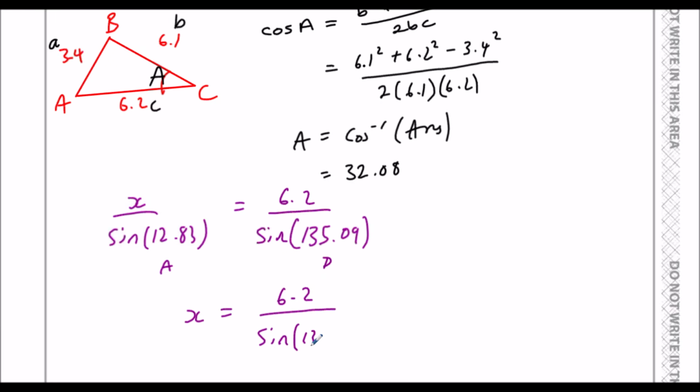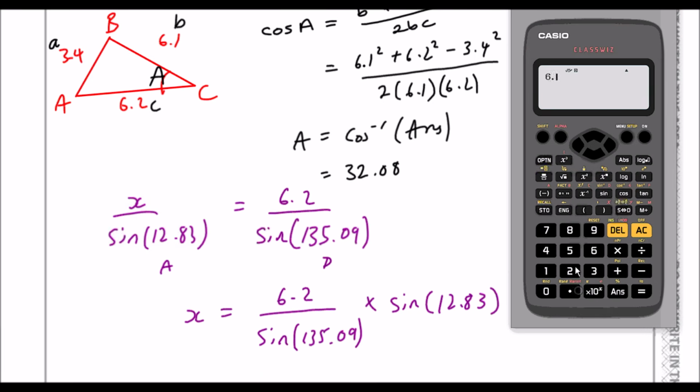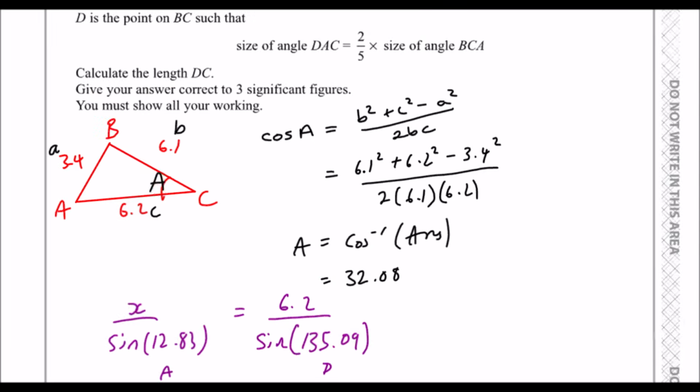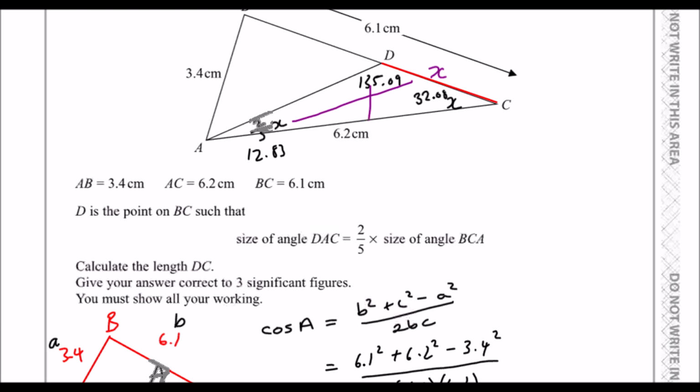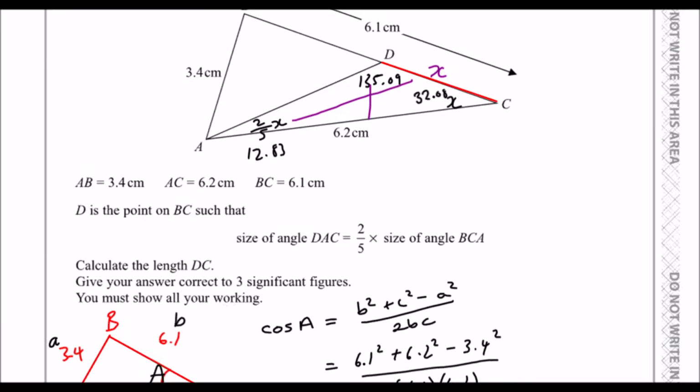So in the calculator, this is what we want to type. So we've got 6.2 over sine D times sine A. And we've got 1.95 centimeters.